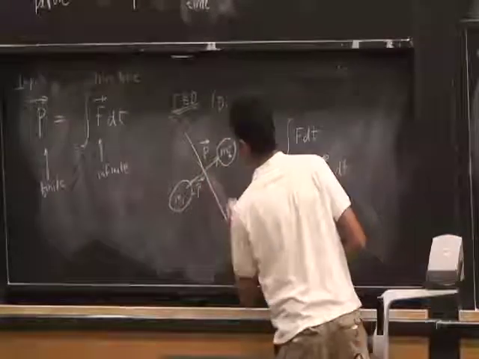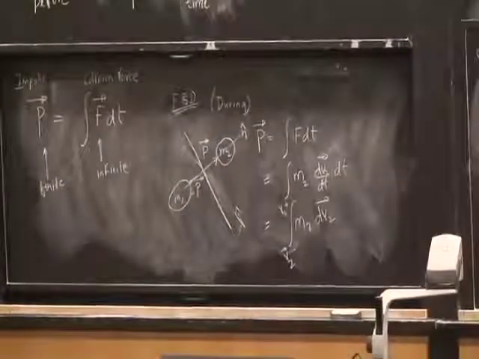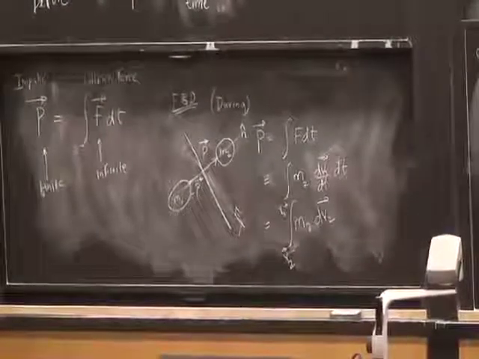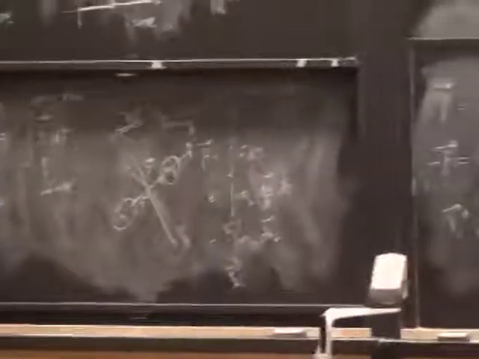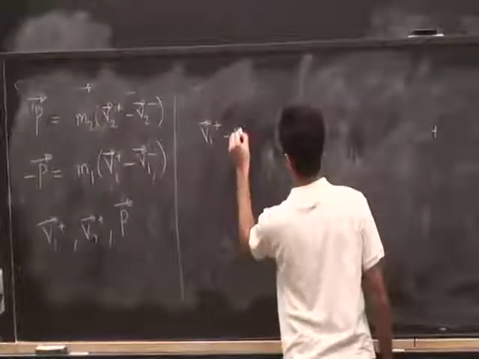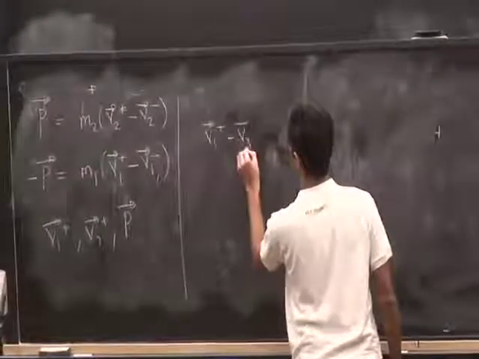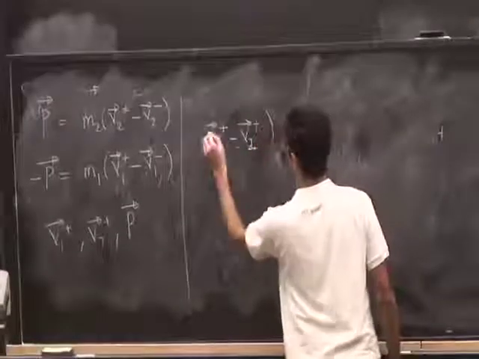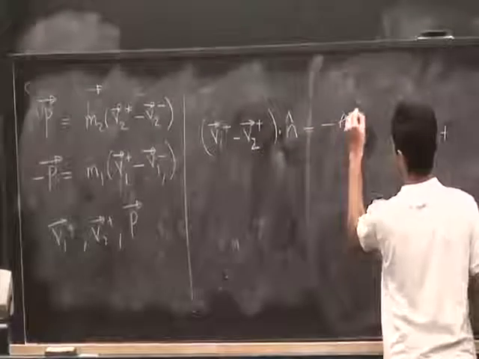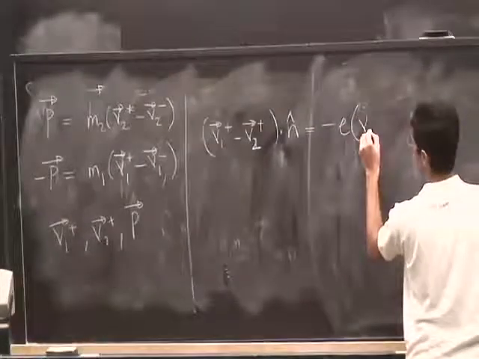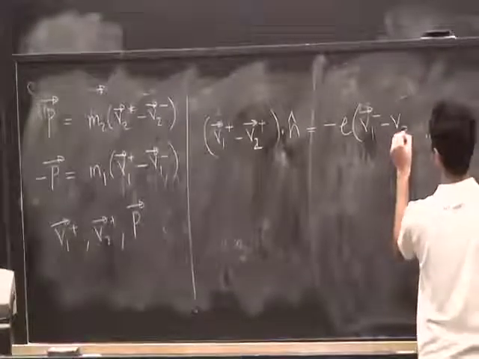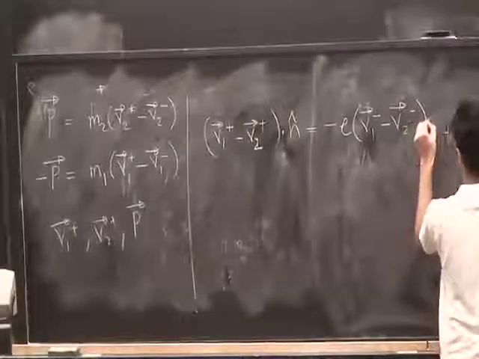The n is perpendicular to the line of contact, sorry, the point of contact, and passes through the center of those bodies. Then we can write the velocity of separation, v1 positive minus v2 positive dotted with n, should be equal to minus e times v1 negative minus v2 negative dotted with n.